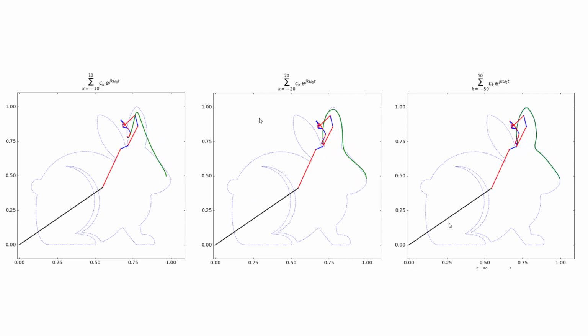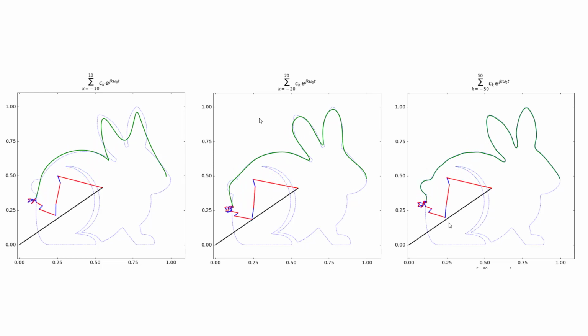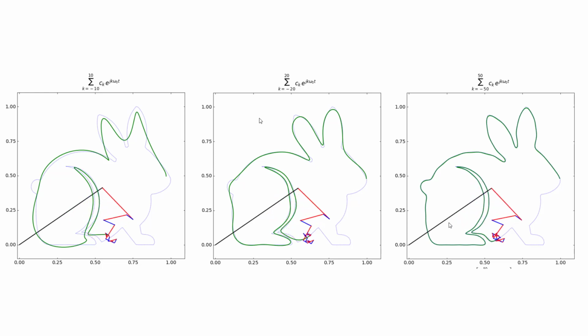In this animation, we compare the approximation of the rabbit by the complex Fourier series for a number of Fourier coefficients, that is respectively 21, 41 and 101. And of course, as expected, when the number of Fourier coefficients increases, the approximation improves.